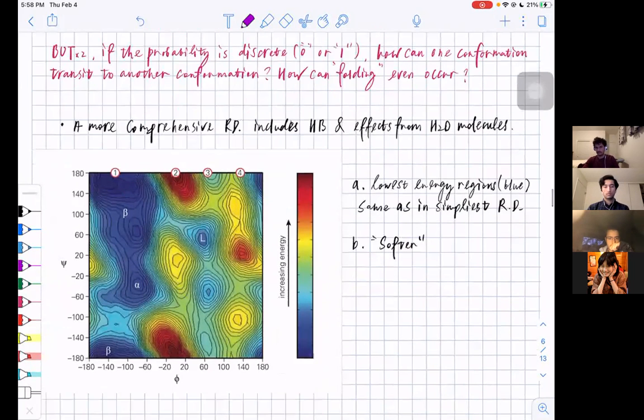It basically provides a softer version of the Ramachandran diagram that offers the pathway for transitions to happen. But notice that the lowest energy region is still the same as in the original diagram.